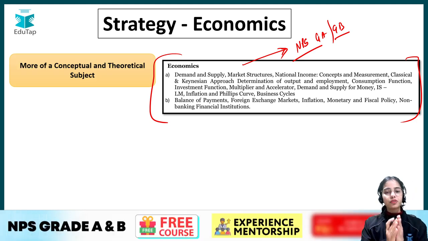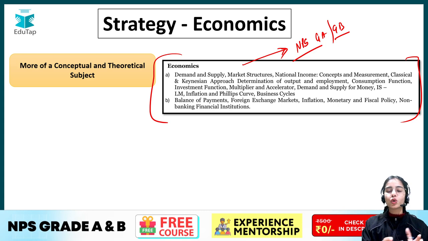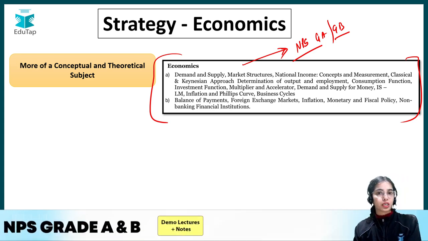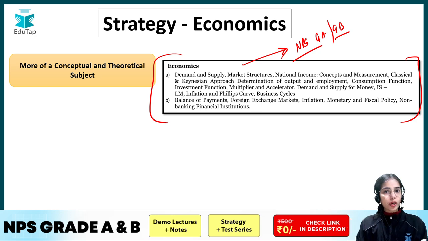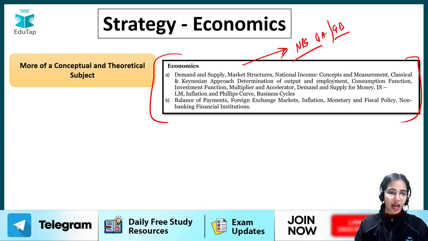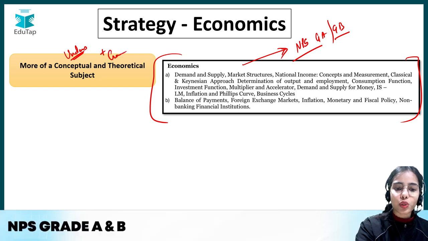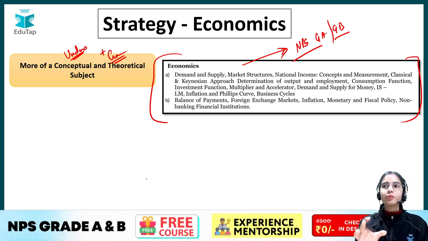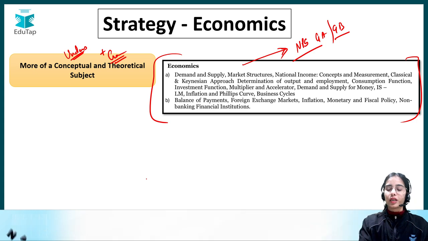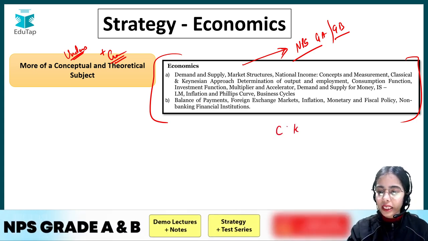In economics, first try to understand that economics is both a conceptual and a theoretical subject. You require concept clarity, and there are also theories that you have to cram. So you need the understanding as well as the cramming. Do not get stuck on, let's say, the assumptions given in the classical or Keynesian theory.